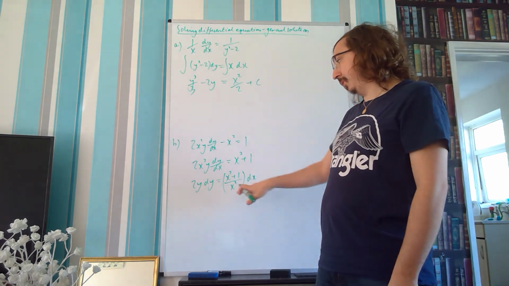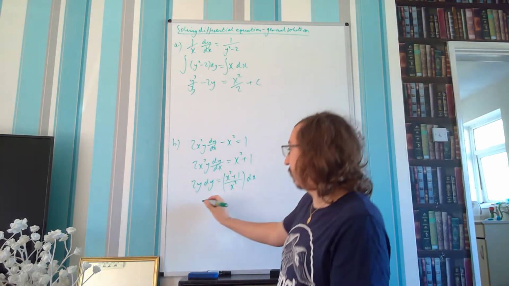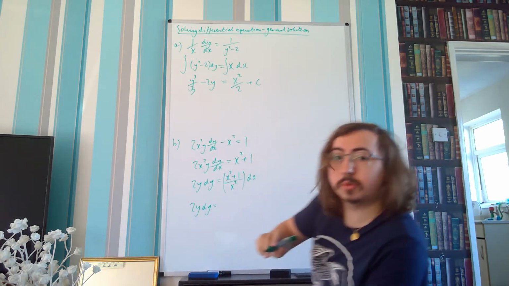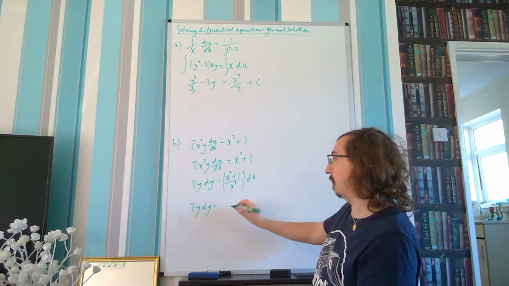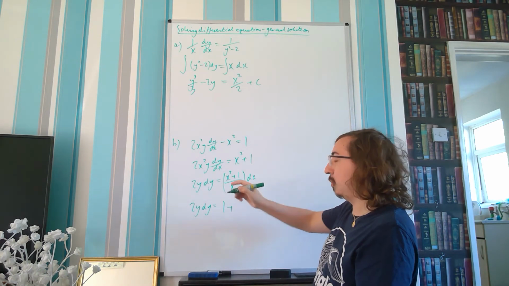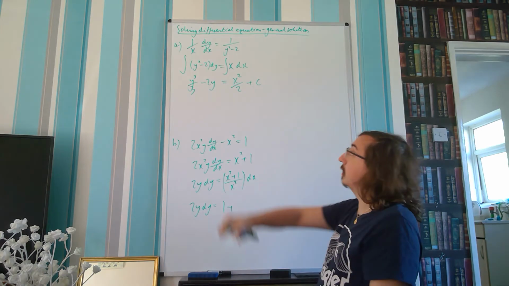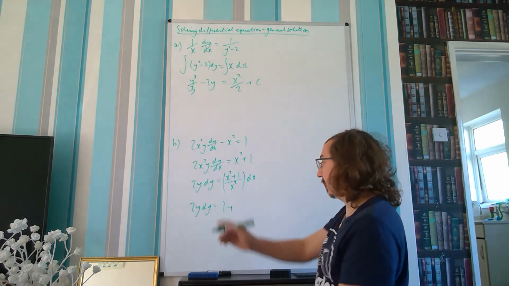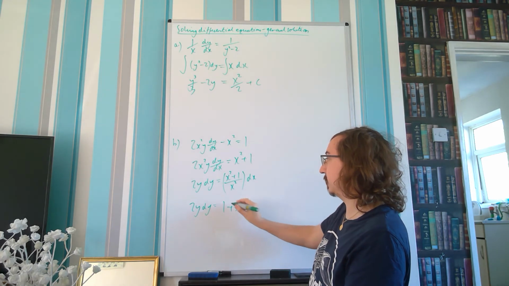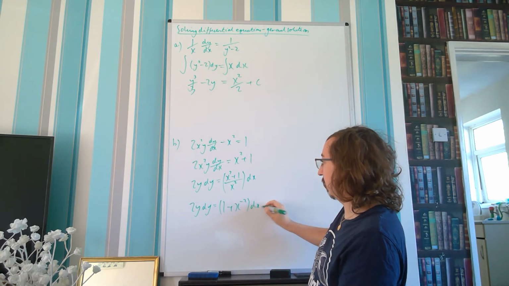Now, let's simplify this expression a little bit. So really, we can say we have 2y dy is equal to x squared over x squared is just 1, plus, well, it's 1 over x squared, but as you can probably guess, we're going to be integrating in a minute. So we can really write that as plus x to the minus 2 dx.